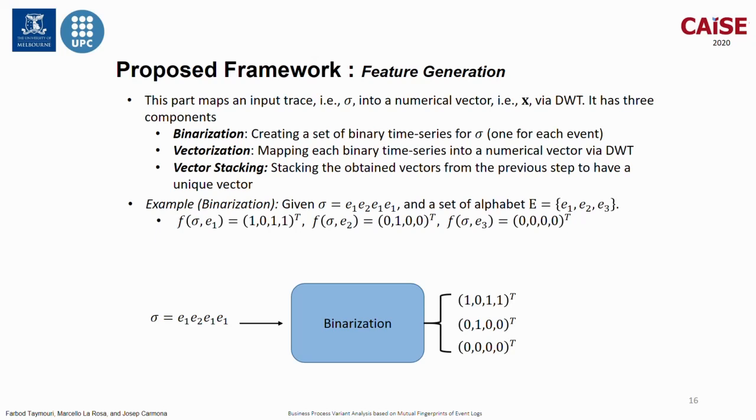For example, for a trace like E1, E2, E1, E1, and the alphabet E1, E2, E3, binarization generates 3 time series, as you can see from the picture at the bottom of this slide. Note that the last time series is a 0 vector because the input trace does not have E3 inside.